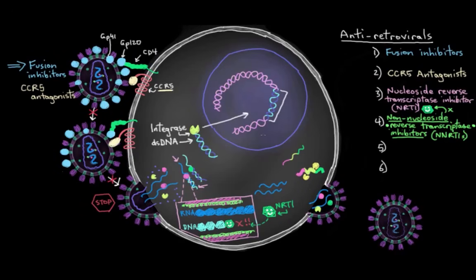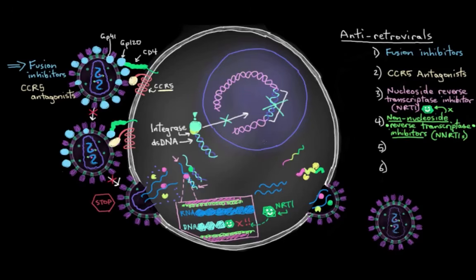We have integrase inhibitors that stop this little viral enzyme from doing what it wants to do. Our drug grabs onto the integrase and hangs on really tight, so integrase can't bring any viral DNA into our nucleus, which means it ultimately doesn't integrate the viral DNA into our DNA.